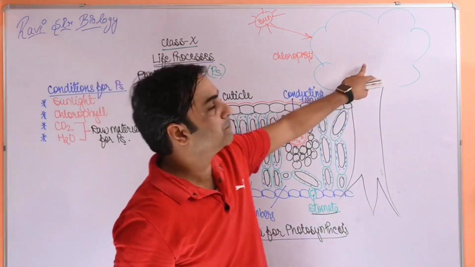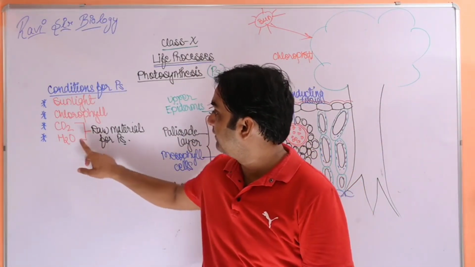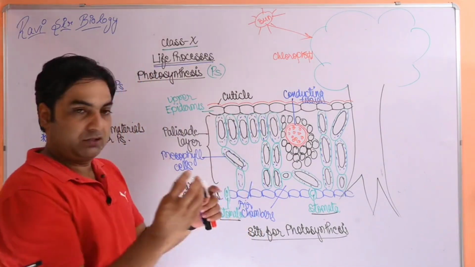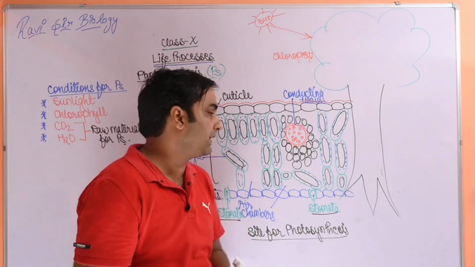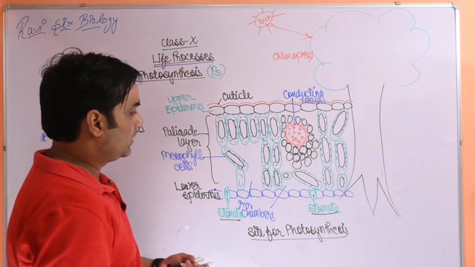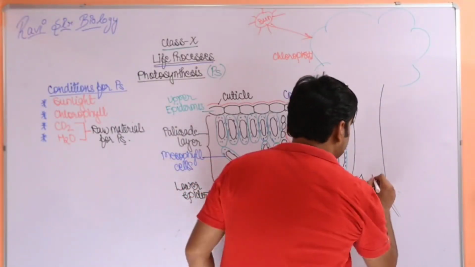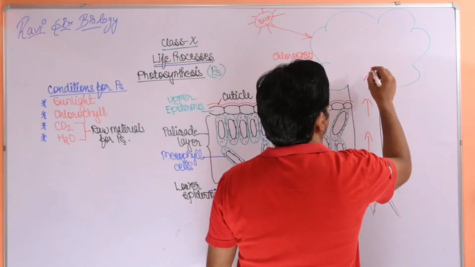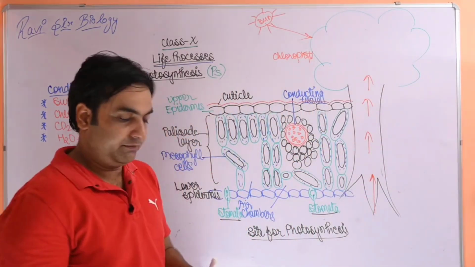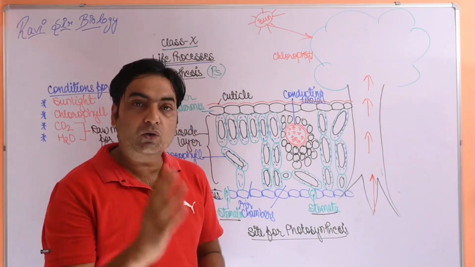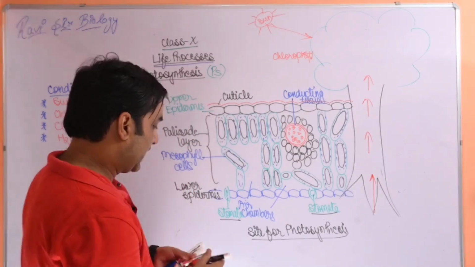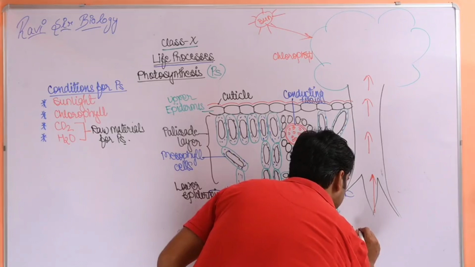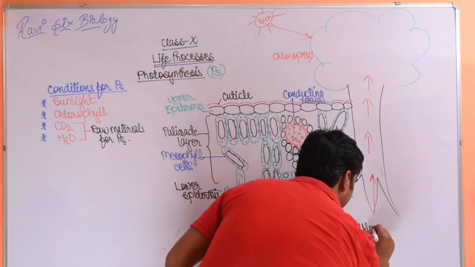CO2 will be exchanged through the stomata, the openings by which exchange of gases can be done, and water will be taken by the root of the plant. Water will be conducted by xylem to the leaf. And the leaf chloroplast is the actual site of photosynthesis. So we can write: site of photosynthesis, that is chloroplast.